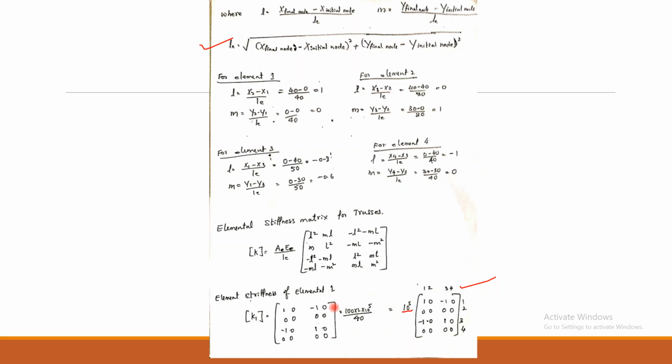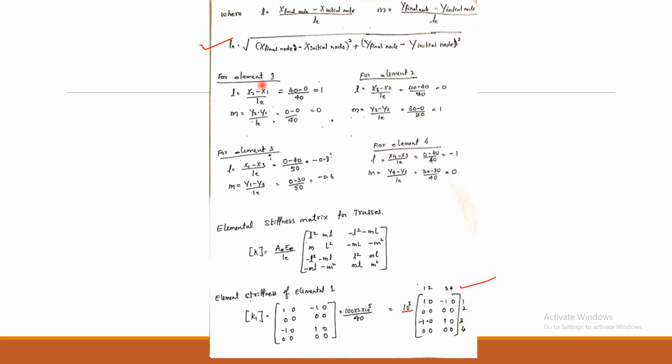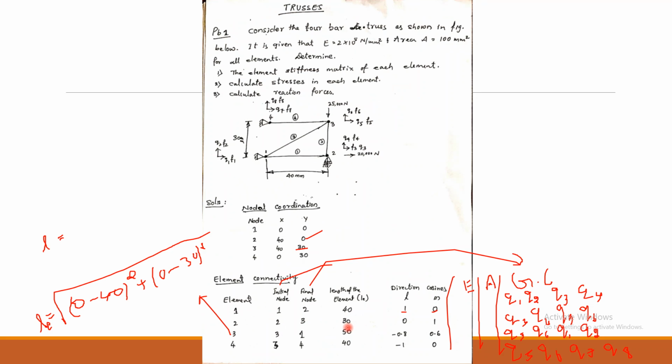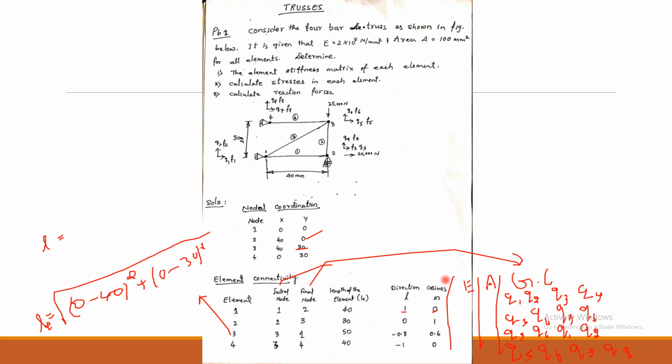Okay, so once this is done, let us move on to element 2. For element 2, the area is the same, Young's modulus is the same, and the length of element 2 is 30. So enter that and multiply by the L and M values. Let us look into this. The L value is 0 and the M value is 1. So enter those quantities and I am going to get this matrix.